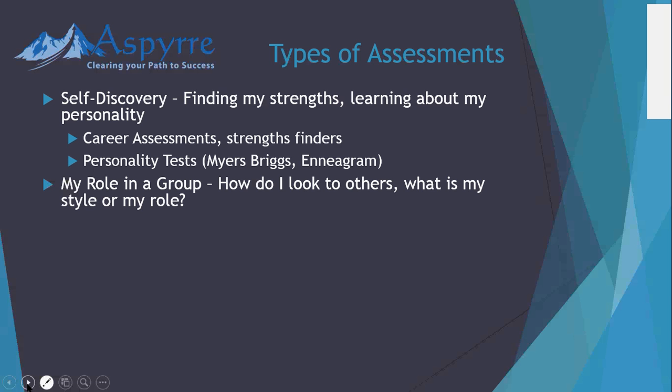But another way that assessments work is externally. So they'll look at you from outside characteristics. So for example, how do you look to others, or what's your style or role in a group? And a 360 is a great example of this. So you don't even answer the questions yourself in a 360.